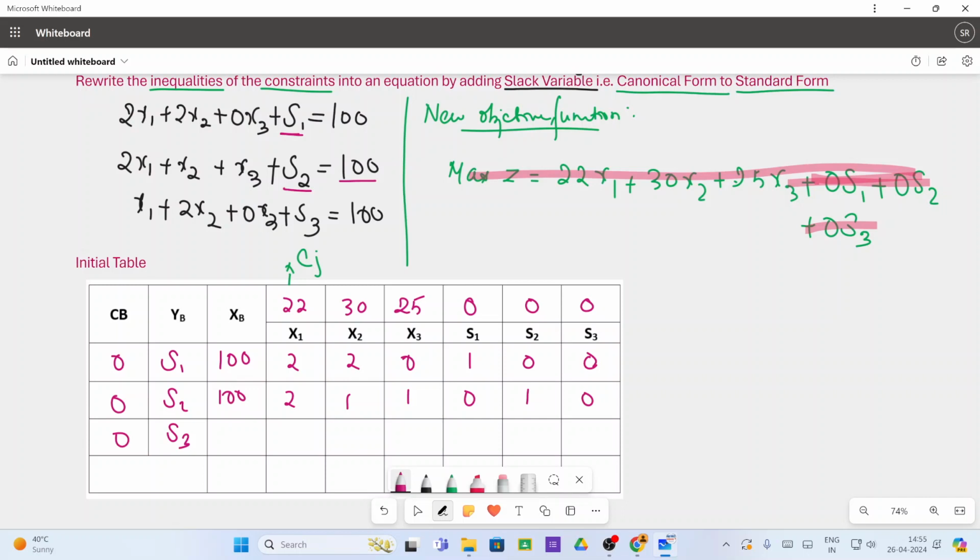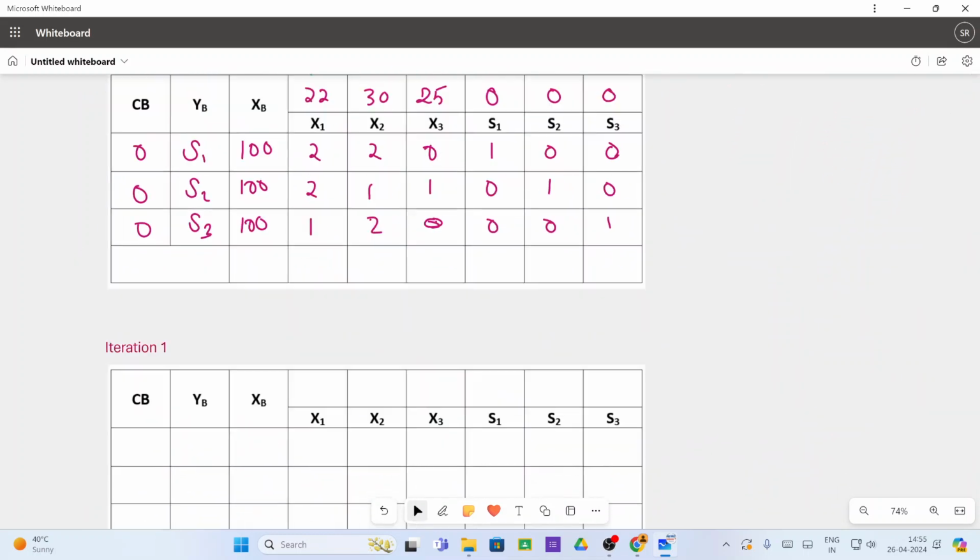Now for the third equation: 1, 2, 0, and s1 is 0, s2 is 0, s3 is 1, and after the equal to, it is 100. Now this is our initial table.